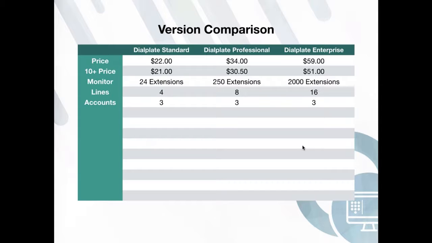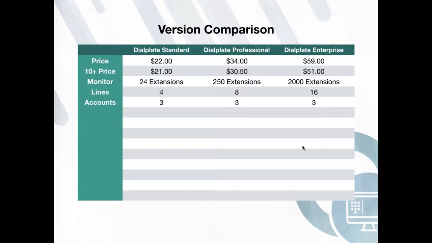So what are the differences? The main difference in the different versions of Dialplate have to do with how many extensions you can monitor. In the standard version, selling for $22, you can monitor up to 24 extensions. You can have 4 lines, and on every version you have 3 SIP accounts. So the professional version jumps you up to 250 extensions, and the enterprise version jumps you up to 2,000 extensions.